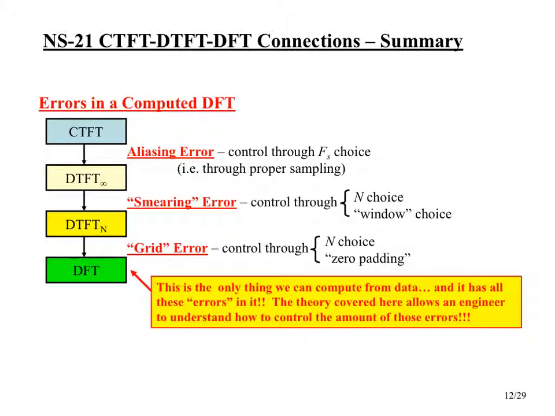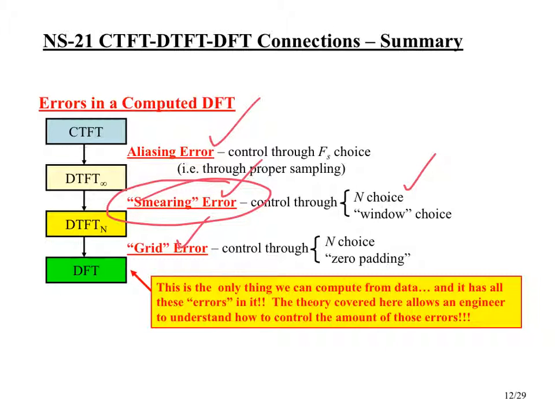And this is, again, we've seen this before, just pointing out the various errors: aliasing error, smearing error, and grid error. We're focusing in this set of notes on smearing error. And we've already talked about how to control that through the choice of n. As we collect more data, the amount of smearing is reduced.